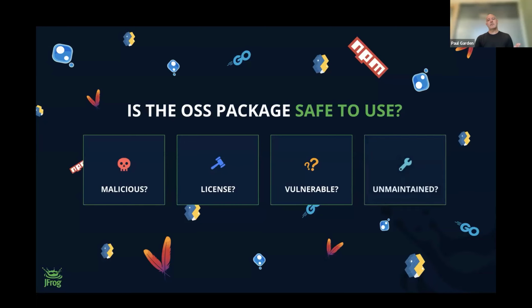And finally, there are the maintenance issues with a package. Maybe it's brand new and not been tried, so you can keep those out. Or maybe it's very old and you want to avoid something that hasn't been maintained for a very long time. So those are the questions you can ask with curation, and it sits in the background and does that for you. But let's get into how we do that.